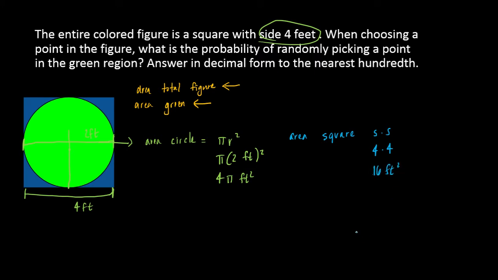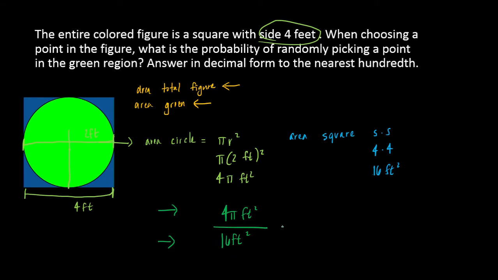So I have 4 pi feet squared in green, which becomes my numerator, but I could hit anywhere within 16 feet squared, which is my denominator. So this is the real estate on this figure that I want. This is the total real estate that I have, total number of outcomes.